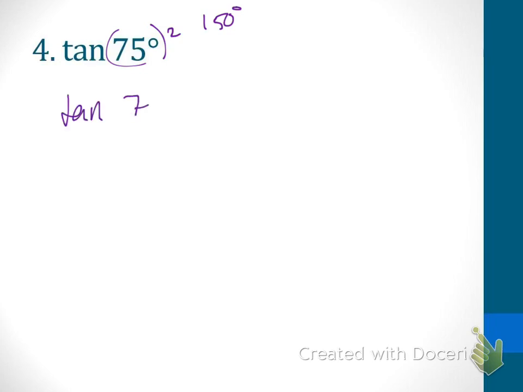So tangent of 75 degrees, okay? Well, I just used the first tangent formula. How about we use the second tangent formula now? Just to get used to the formulas. So I got to take sine of 150 degrees over 1 plus the cosine of 150 degrees.